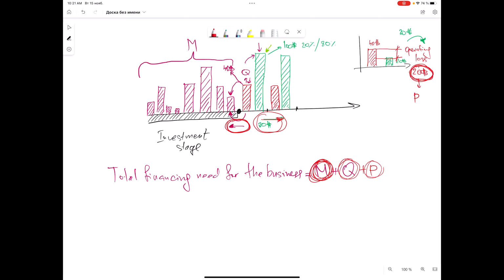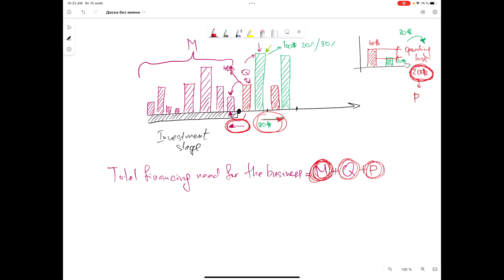And P is operating losses caused by the fact that we may sell the products or services, but we will be paid 20% of the revenue, and 80% of the revenue of the current month will be paid to us only in the next month. It depends on the contract conditions and so on.